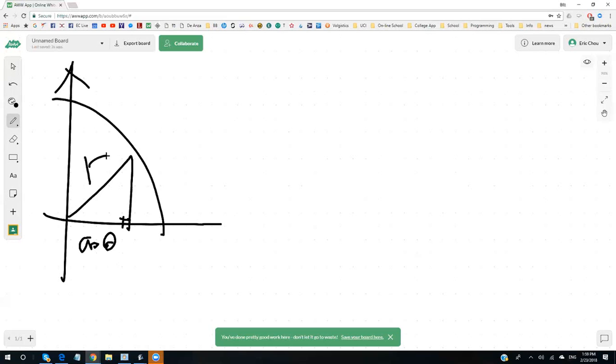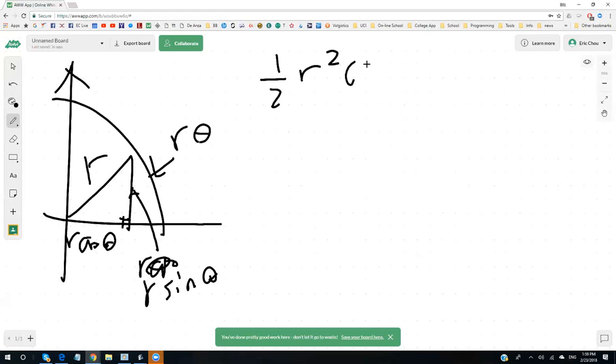I'm sorry, I don't call it a unit circle. Let me pick this one as r. Here is r cosine theta, and this is r sine theta. The arc is r theta, and the area is 1/2 r squared theta.